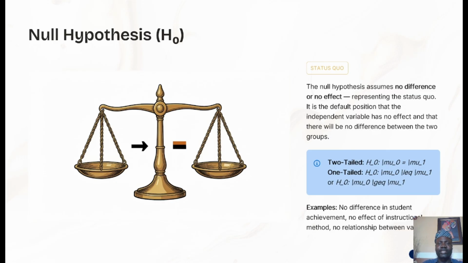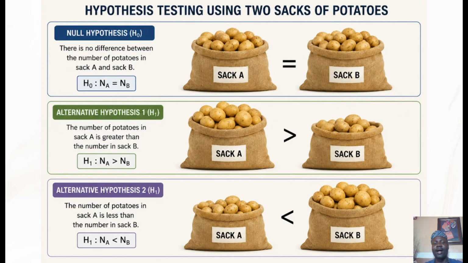For instance, if we say male students are not different from female students in terms of their achievement, that's a null hypothesis. It is telling us that the first one and the second one are equal. No difference, no effect: no difference in student achievement, no effect of instructional method, no relationship between variables, no effect of a drug, no effect of a therapy, no effect of a counseling, to mention a few.